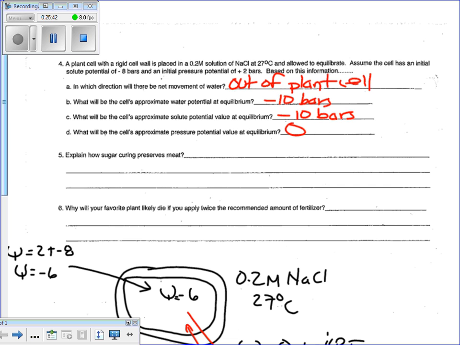Not because it'll overgrow. It creates a hypertonic environment. You double the nitrogen, double the phosphates, double the potassium, and you're creating a hypertonic environment, which is going to draw water out of the plant and cause the plant to die, go brown.